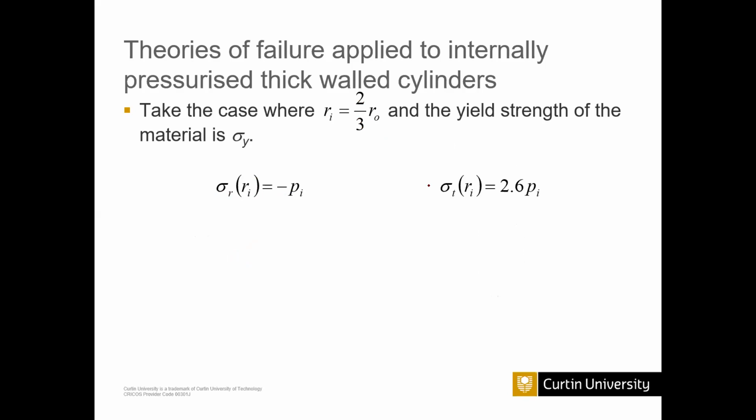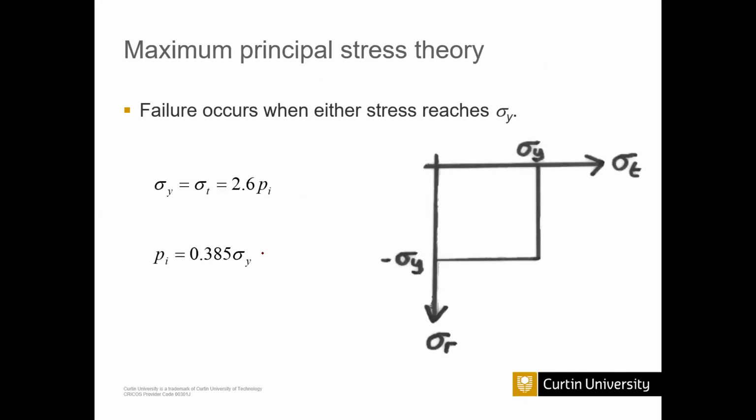And the tangential stress at the inner surface is 2.6 pi, that means 2.6 times the radial stress. Definitely we know tangential stress is much higher than radial stress. We already did some examples and I explained it, but here it is 2.6 times.